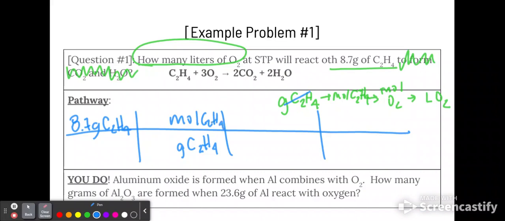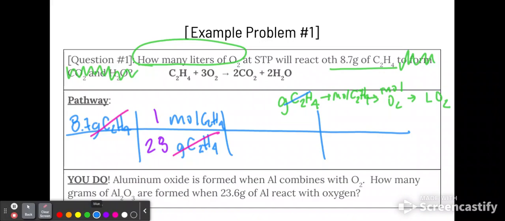I'm comparing mole to a different unit, so that means I always have 1. Okay, and then to find out the mass in 1 mole, you just add them up from the periodic table, and I'm going to simplify it here and just put that at 28 grams. As you can see here, the only thing that can cancel are the units of grams of C2H4. Well, now we're in moles of C2H4, which hasn't canceled.